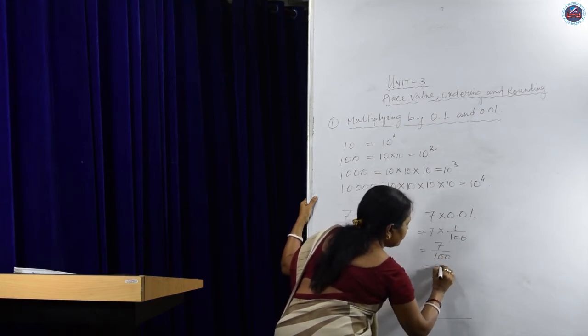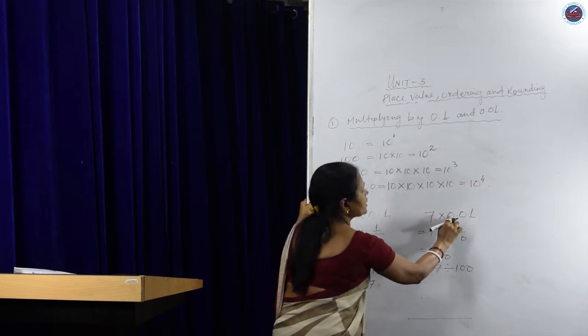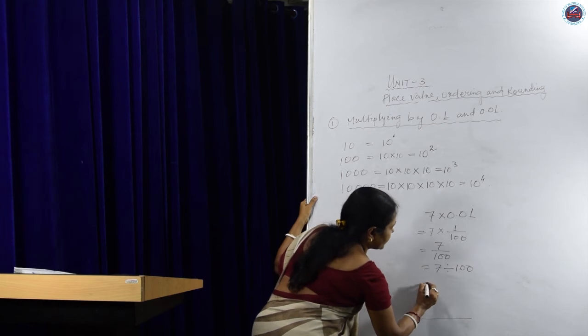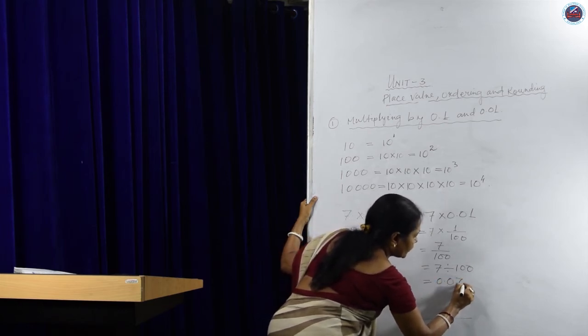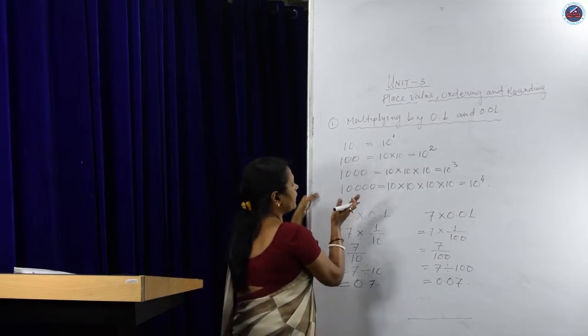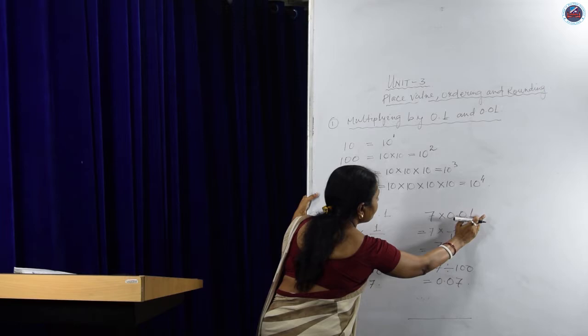So 7 divided by 100 is how much? 0.07. So this is how we can multiply a number by 0.1 and 0.01.